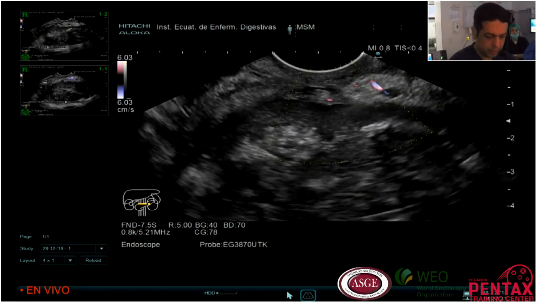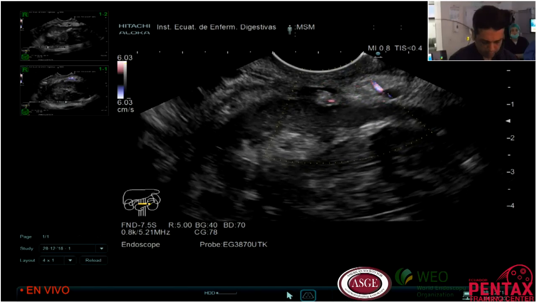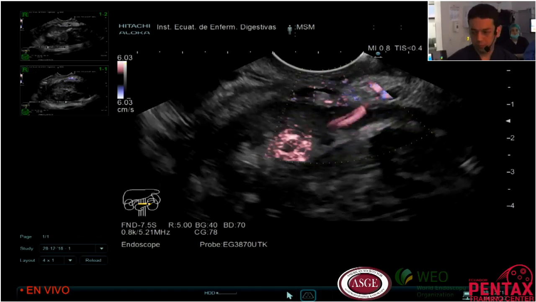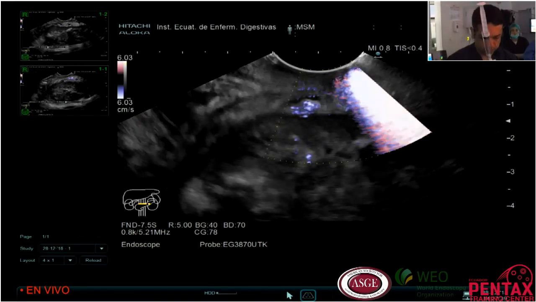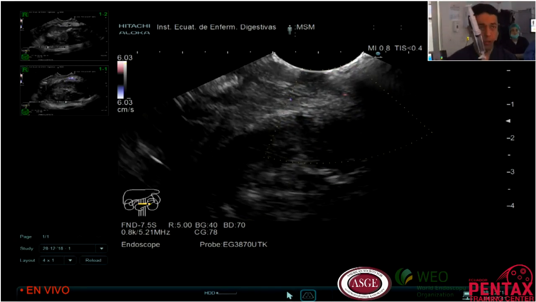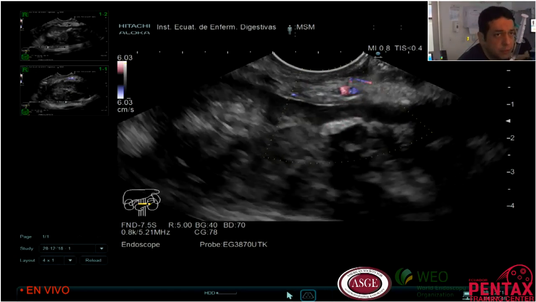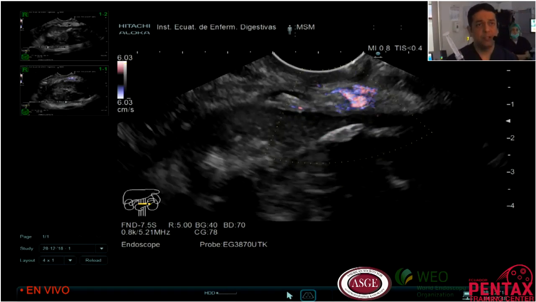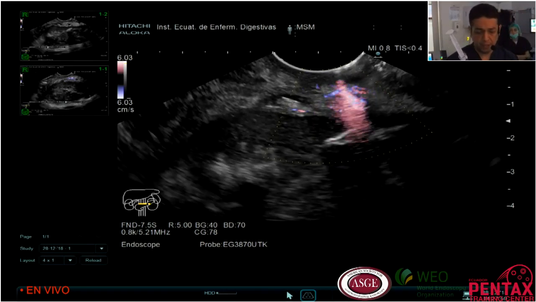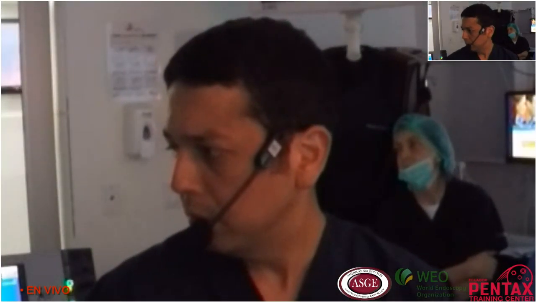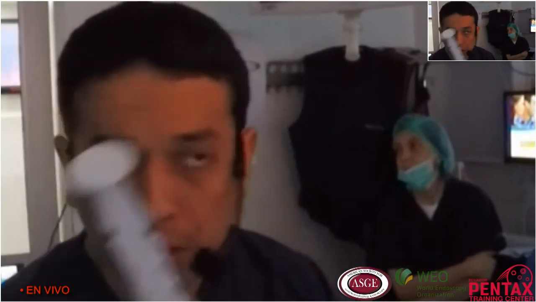And we will start. Okay, I need my guide. You can use standard needles. You can use the flex needle. I am using the standard needle from Boston Scientific.